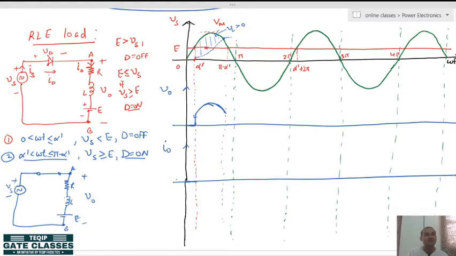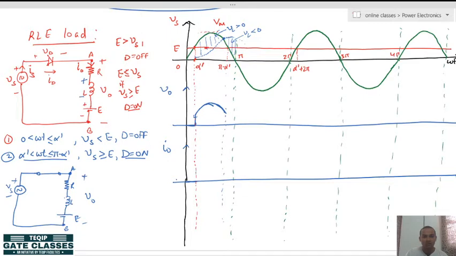When the inductor voltage is greater than 0, the inductor will charge with these polarities and the current will rise. From this point you can see that the voltage of the resistance is more than the source voltage, so from this point onwards the inductor voltage will be negative in this region, and hence the inductor will start de-energizing.